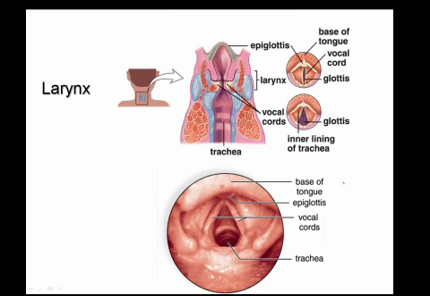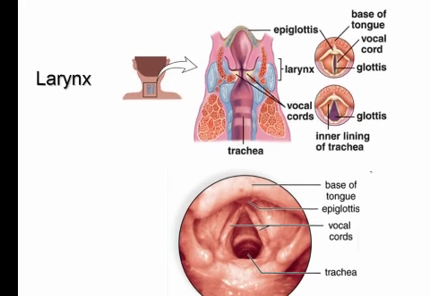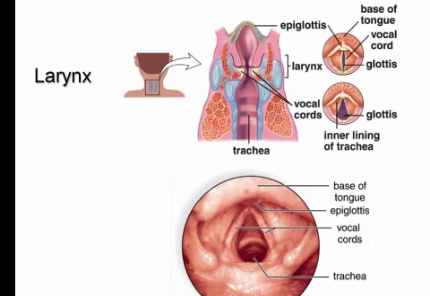The larynx is the voice box, and so here in this diagram you see the epiglottis that we were just discussing, the flap that covers the glottis. Part of this diagram on the left-hand side would be a frontal section where you can see the epiglottis. There are some folds of tissue which are the vocal cords.